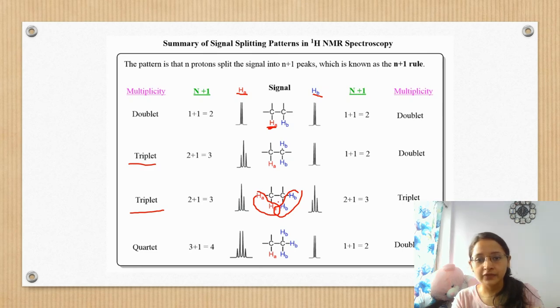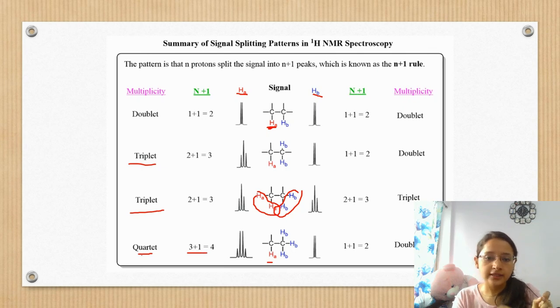If it is 2 here, then according to the n plus 1 rule, it would be a triplet. After that we have to see the quartet. Here is how this quartet comes: HA is being coupled with these three protons of HB, which splits the signal of HA into four. That is a quartet.